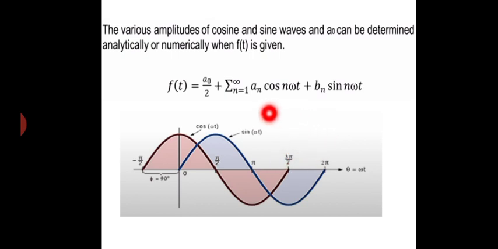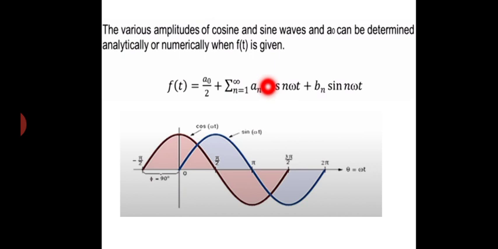So like this we can represent it with n varying: an cos n omega t plus bn sin n omega t, where an represents the cosine function and bn represents the sine function.